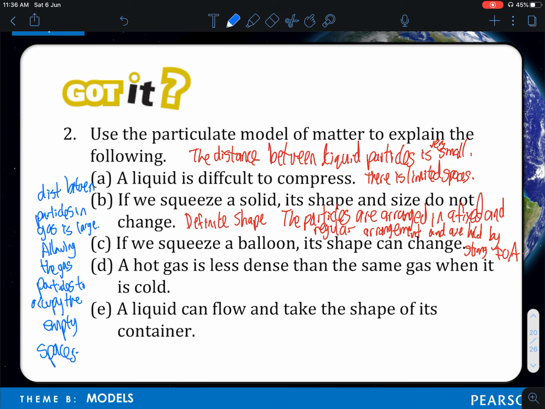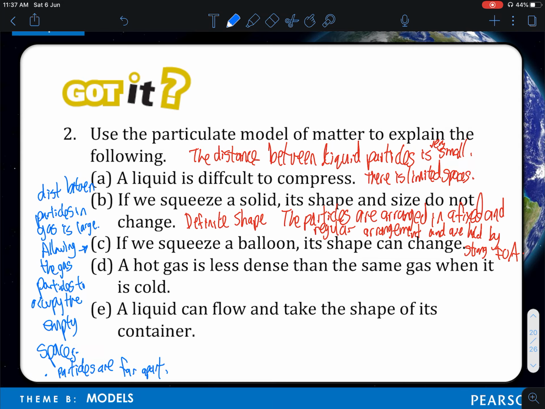And not just compressed, but also to be able to meet the shape. You can also throw in to say that the particles are far apart. So again, it's back to the space, okay?